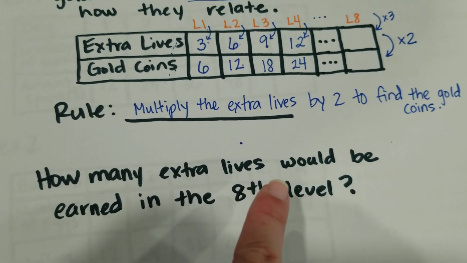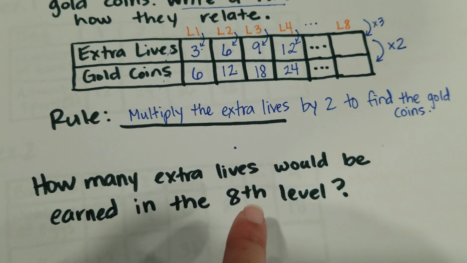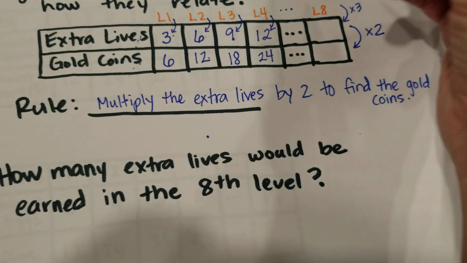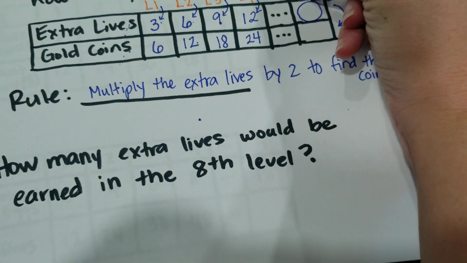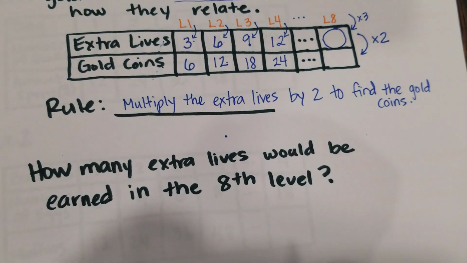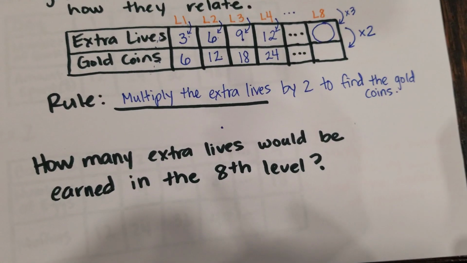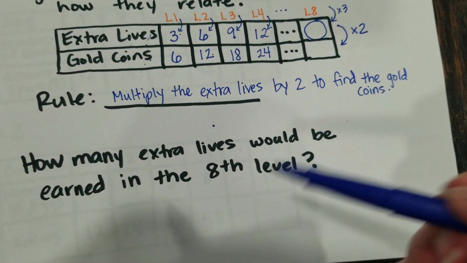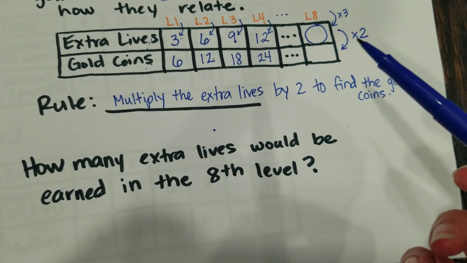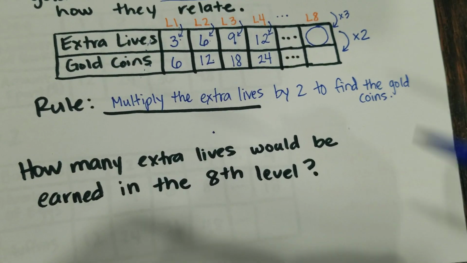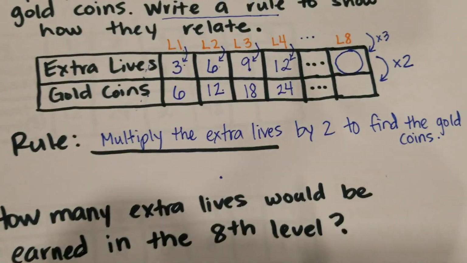It says, how many extra lives would be earned in the 8th level? So I want to know this number for that question. I don't need the gold coins number. I might find it for us anyway, because then my table would be complete. But to answer the question that they're asking me, I only need to find the extra lives of level 8. All right, so let's go ahead.